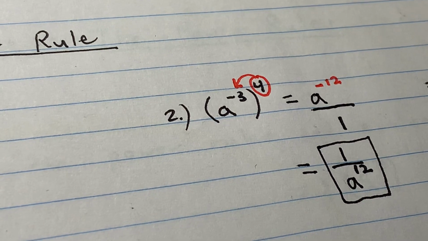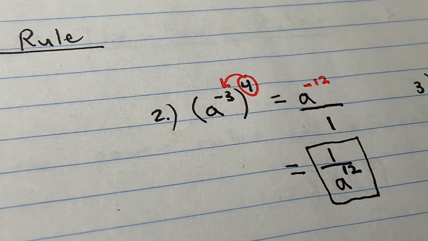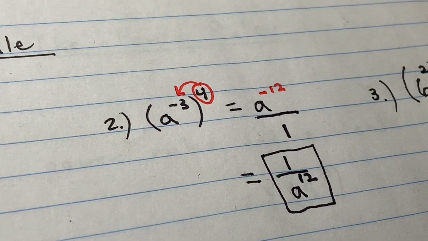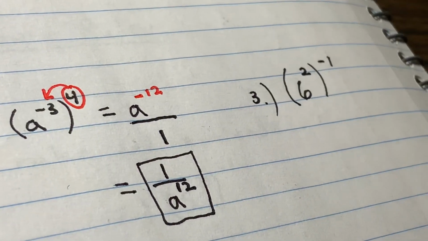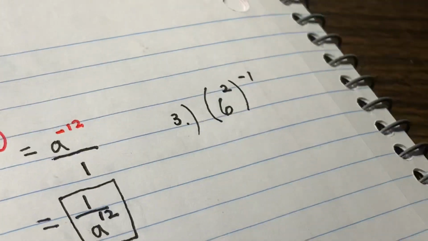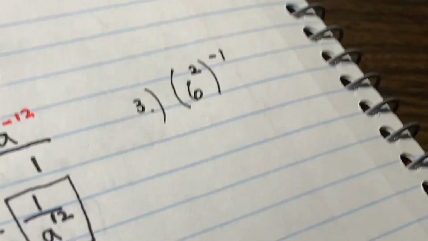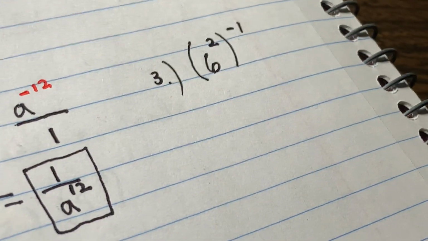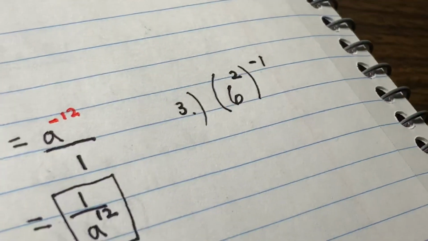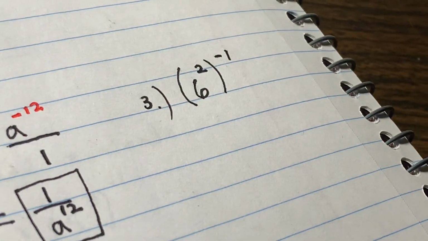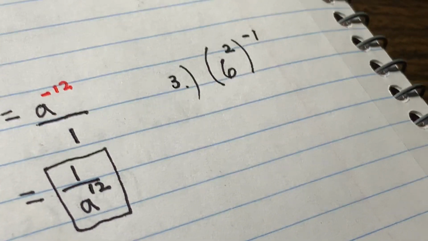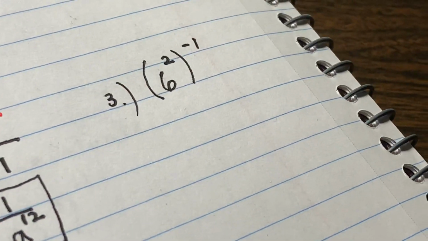Okay, another problem. Ready? This time I'm going to ask you to evaluate. So ladies and gentlemen, let's try this problem over here. This time we are evaluating, which means I want you to solve this until you get a final number, final answer.